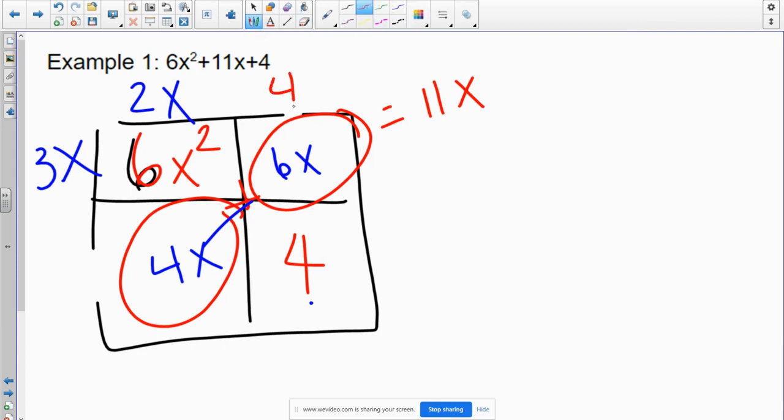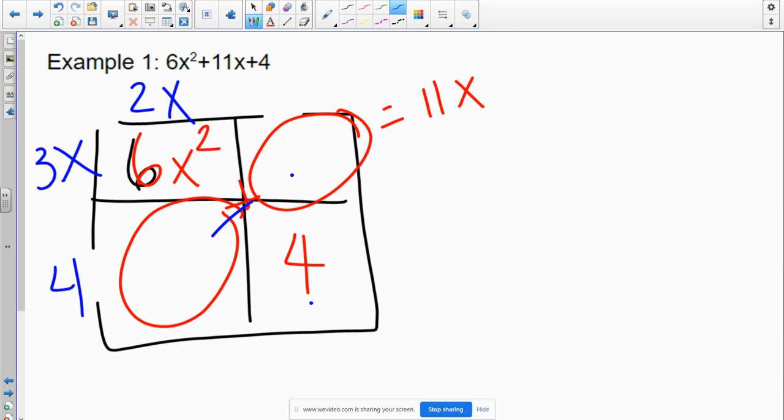If I put a 4 here, I know right away that's not going to work, because if I take 4 times 3, that's 12, and 12 is already bigger than 11, so I can't add anything to get 11. So I know 4 is not going to go there.